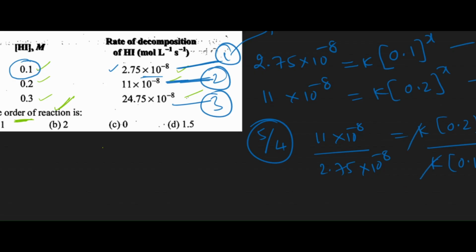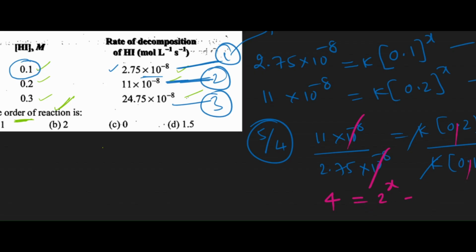So k will get cancelled, right? Here 10 power minus 8 and 10 power minus 8 get cancelled. Now 11 divided by 2.75, we will get roughly 4. So this is equal to, and here 0.2 divided by 0.1 is 2, so we will get 2 power x.